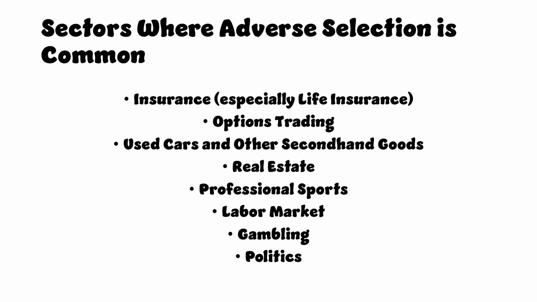They're usually older people who may have health complications and are more likely to buy life insurance because they have a higher mortality probability. Same with car insurance before it became mandatory in most states. The people who are more reckless drivers would be more likely to buy car insurance.